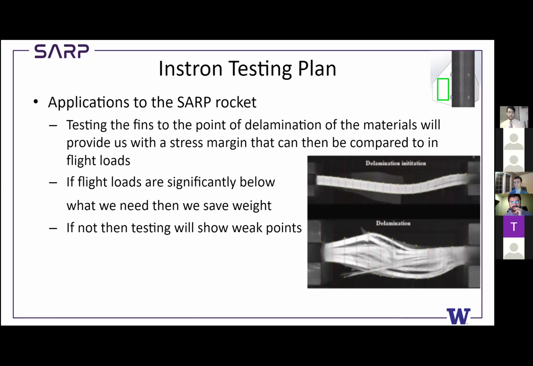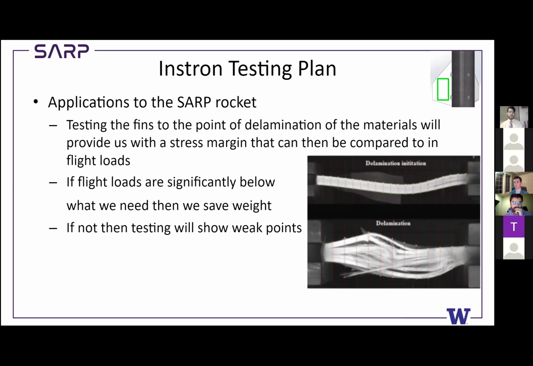All right. As you can see in the cross-section here, delamination is something that we might run into with our manufacturing process. So the idea of how we would test for this is we would load up a cross-section from a fin that we have manufactured into an Instron machine, and we would test basically the bending yield point where the layers start to come apart.